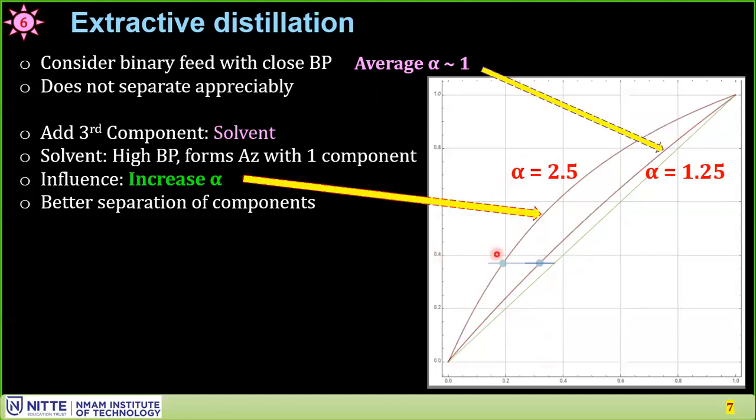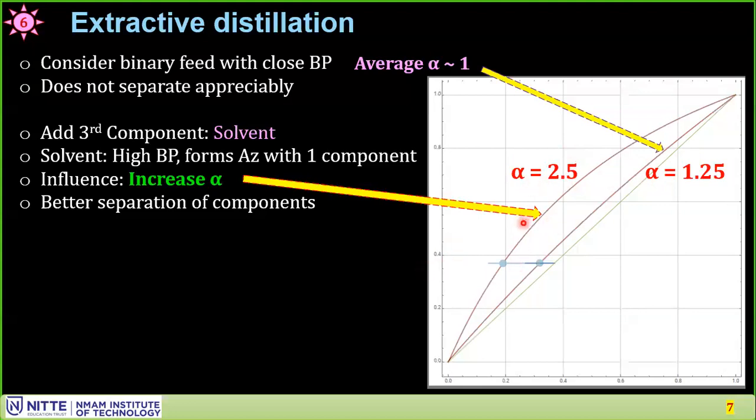Whereas for higher alpha, liquid composition will be lower. That means the vapor composition is high for the more volatile component. The more volatile component will be rich in the vapor compared to the liquid for the case of alpha equal to 2.5 compared to the lower alpha. The higher the alpha, the richer the vapor phase.